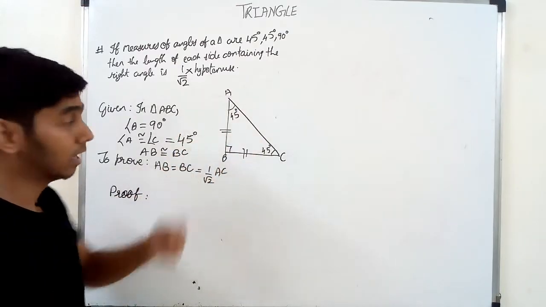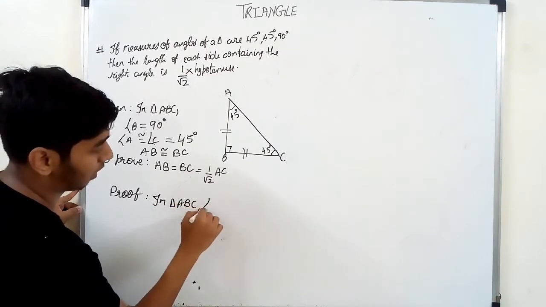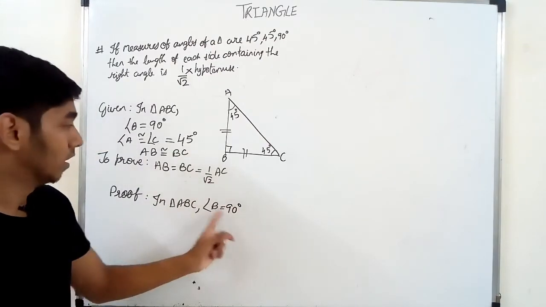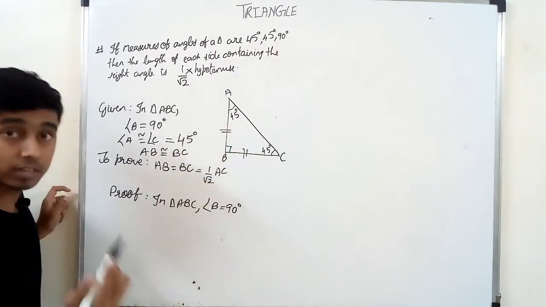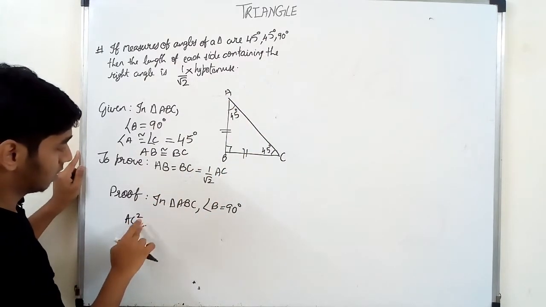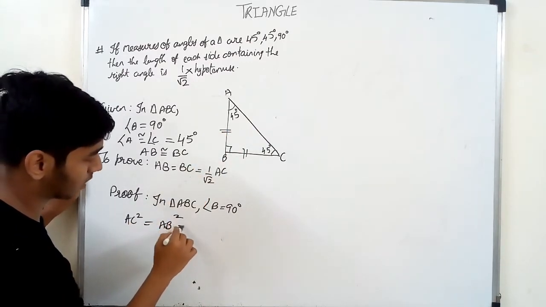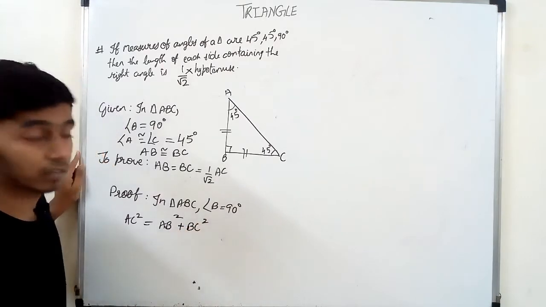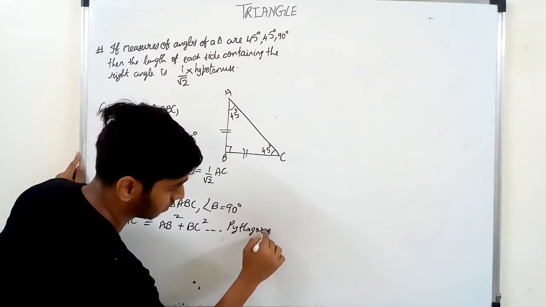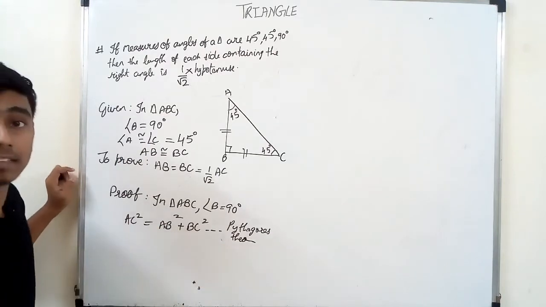Okay, so here let's consider this triangle. In triangle ABC, angle B is 90 degree, correct? Now angle B is 90, therefore by Pythagoras theorem we can say AC square is equal to AB square plus BC square. Reason, Pythagoras theorem.